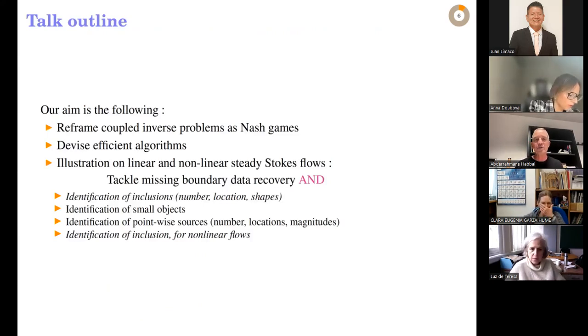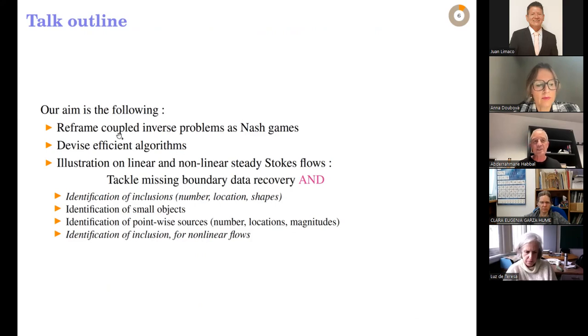So in the following, we will show how to reframe inverse problems where we have coupled the data recovery with the reconstruction of shapes as Nash games, and then use this Nash game formulation to devise efficient algorithms to solve the games, hoping that solving the games will lead to solving these coupled inverse problems.